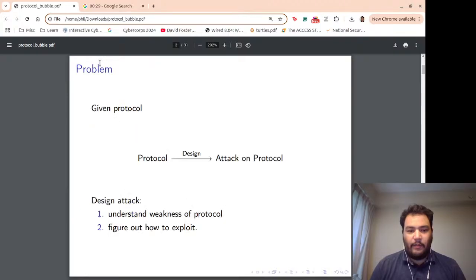So the setup is we have a protocol and we want an attack on it. Normally we think about this as a design problem, and to design an attack, you need to understand the weaknesses of the protocol and then figure out how to exploit it. So what does design mean?